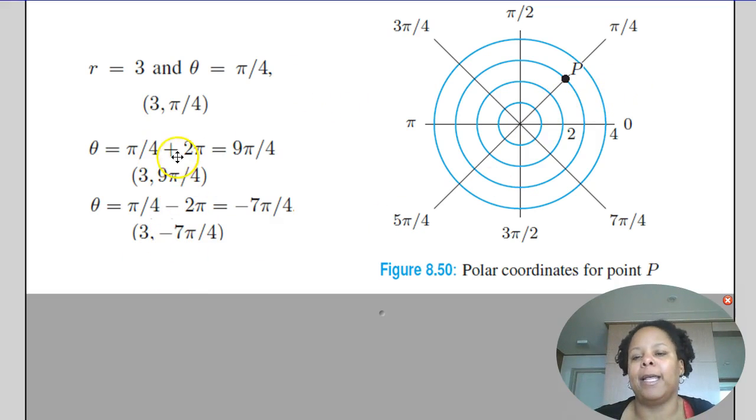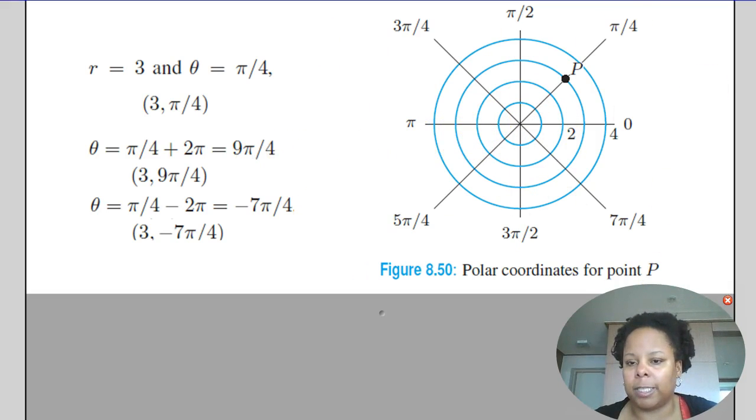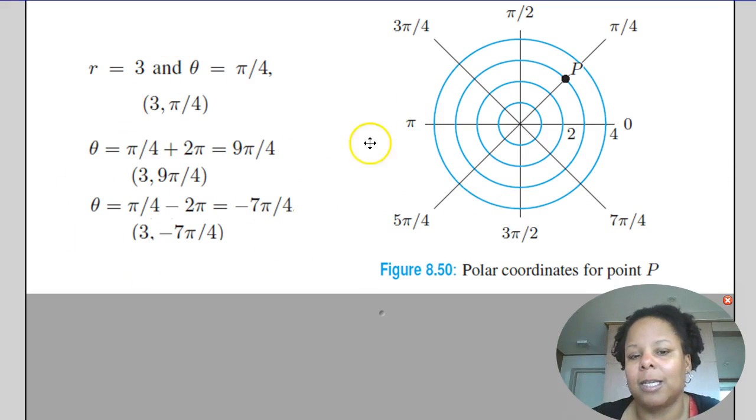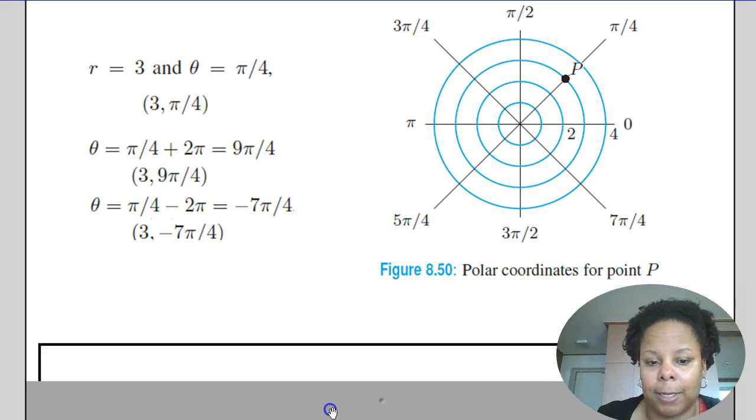Well, they're all right, but normally we tend to look at angles that are between 0 and 2 pi when naming polar coordinates. Because of the continuous nature of a circle, we could keep playing this game over and over again. So generally from 0 to 2 pi is where we would like our theta to range when we're identifying polar coordinates, okay?